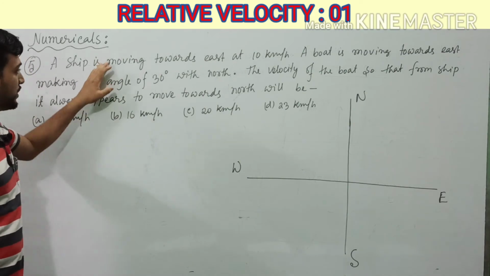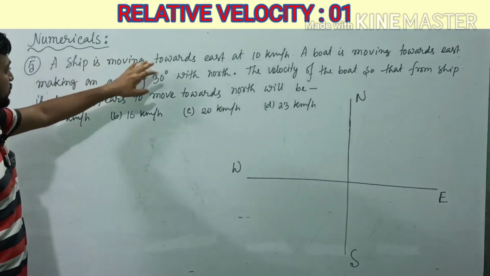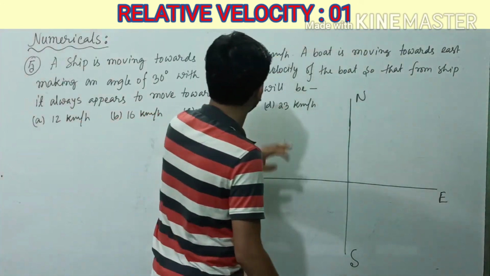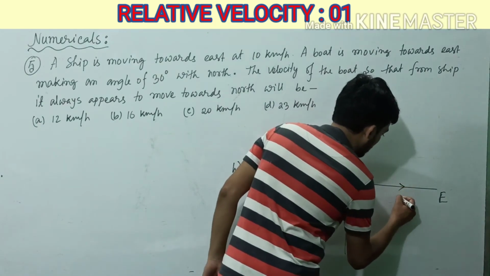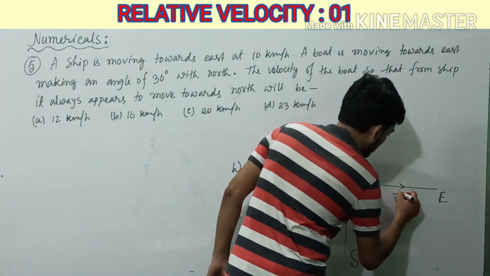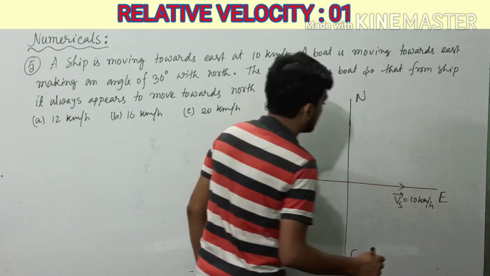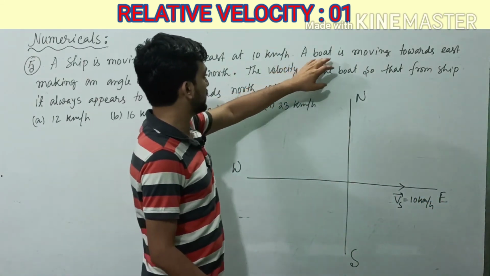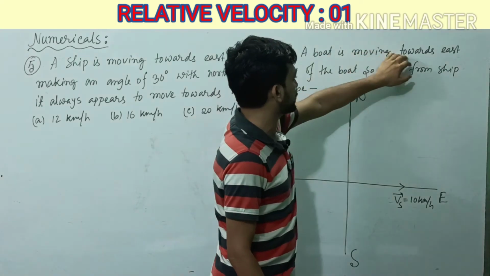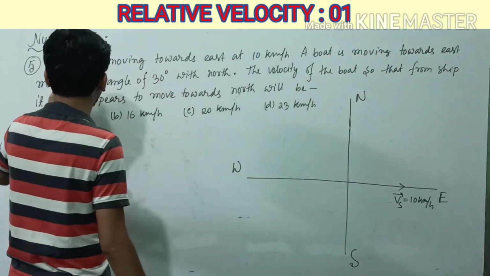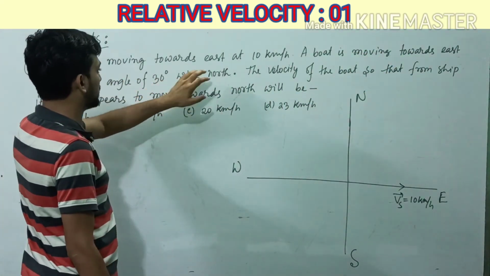Okay, in this numerical it is given that a ship is moving towards east at 10 km per hour. This is the velocity of the ship, 10 km per hour. And another thing is given, boat is moving towards east making an angle of 30 degree with north.